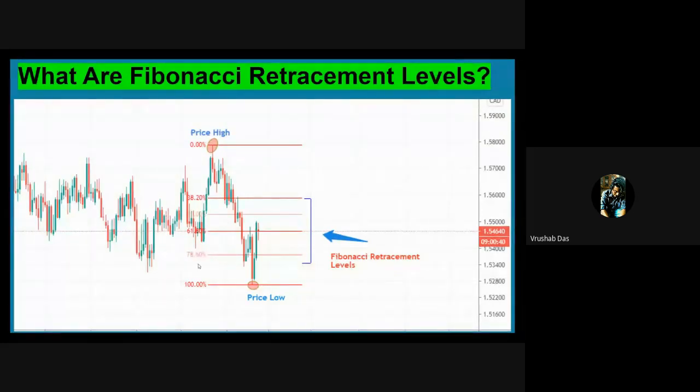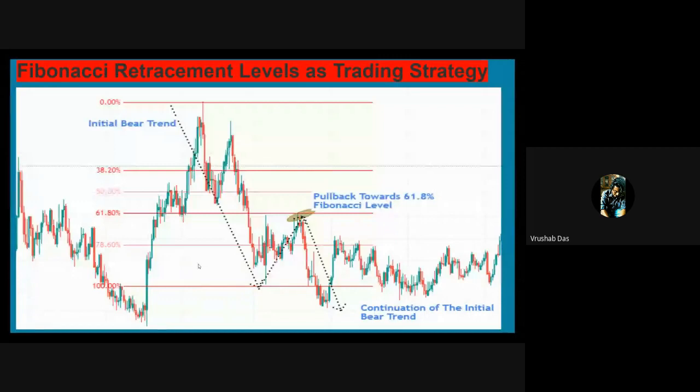Fibonacci retracements are mostly used in alignment with trend continuation trading strategies. In essence, traders use the Fibonacci retracement strategy by identifying golden Fibonacci numbers or strong Fibonacci levels, the numbers that we have talked about.